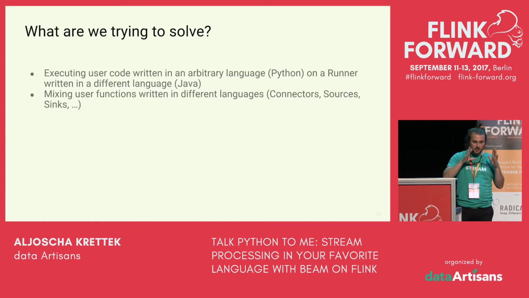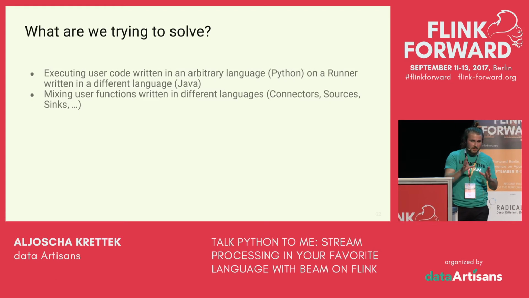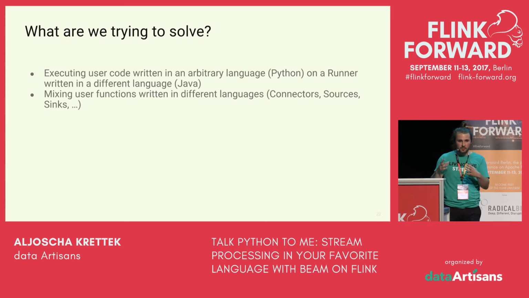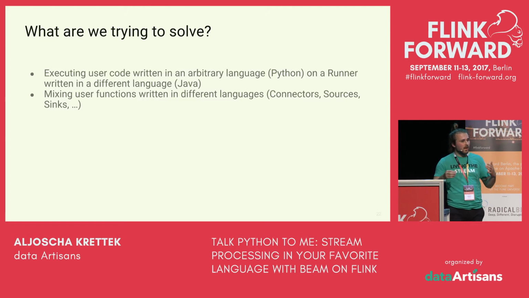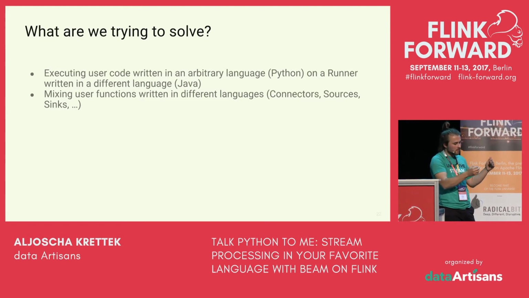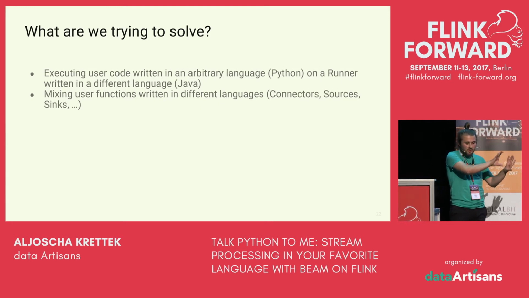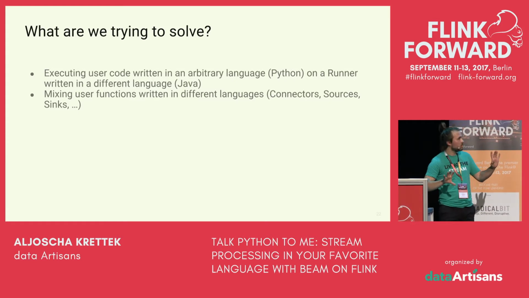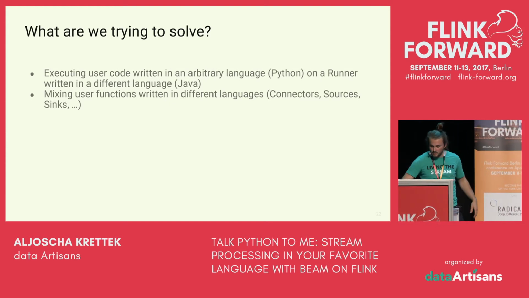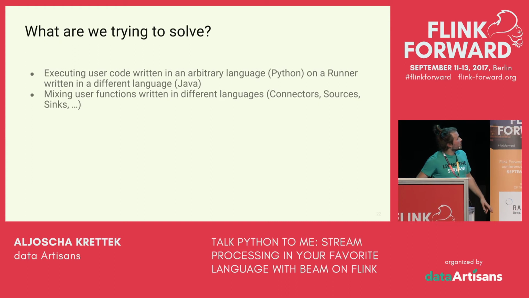The basic problem we have to solve is that we have a runner, say the Flink runner, which can execute pipelines on Flink and is written in Java, and we have a Beam SDK, for example for the Python language, where users write user functions in Python. We have to somehow bridge this gap between user code written in one language and a runner written in a different language. This is the basic problem that we are solving in our work.